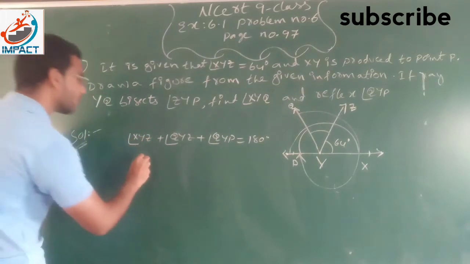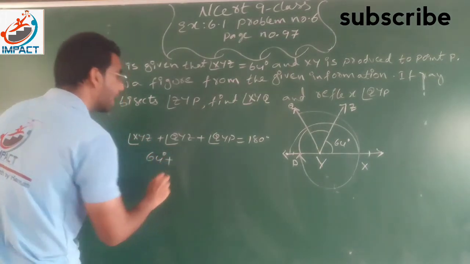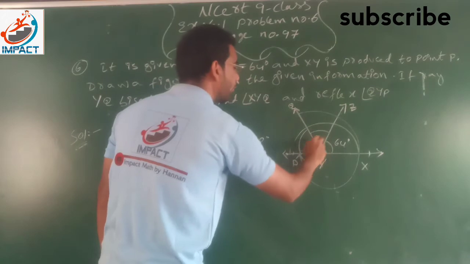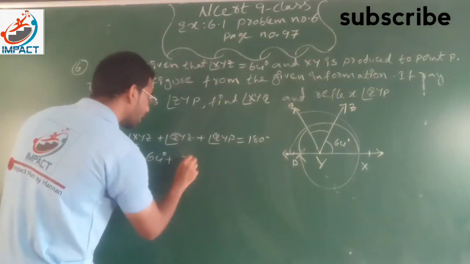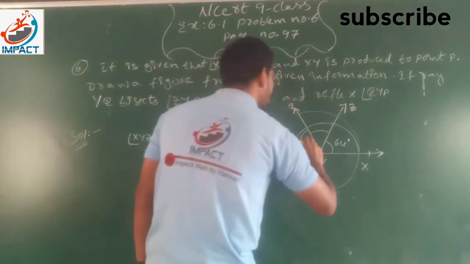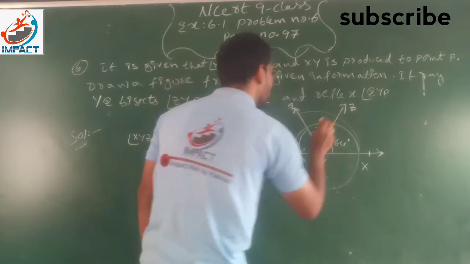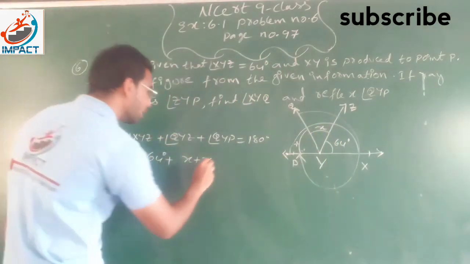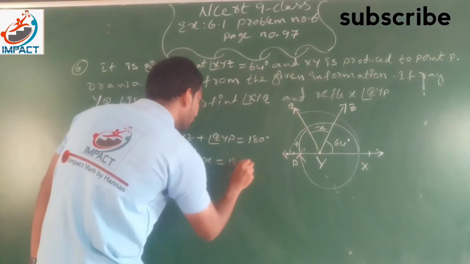Now XYZ is given as 64. Again, since it is bisecting, we will take x plus x, because these two are equal to each other, equal to 180.